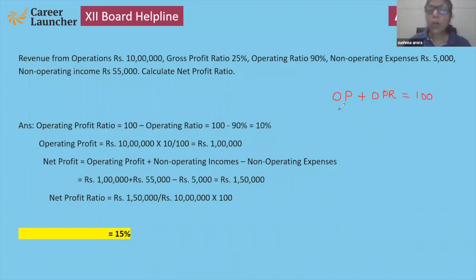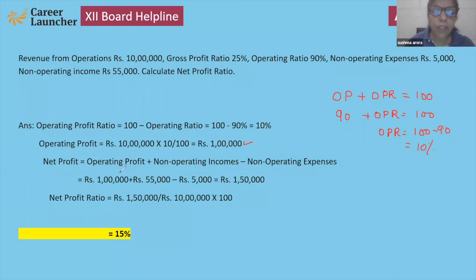So here the operating ratio is given as 90%, so the operating profit ratio will be 100 minus 90, that will be 10%. Now this 10% is of the revenue from operations, 10 lakh, so that will come to 1 lakh.